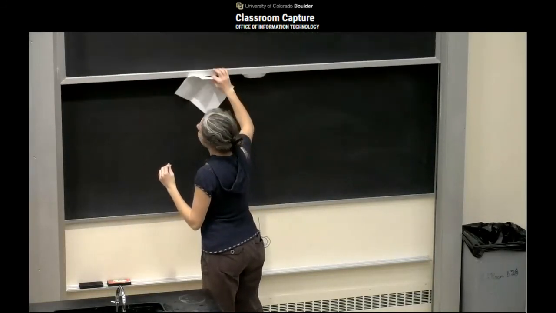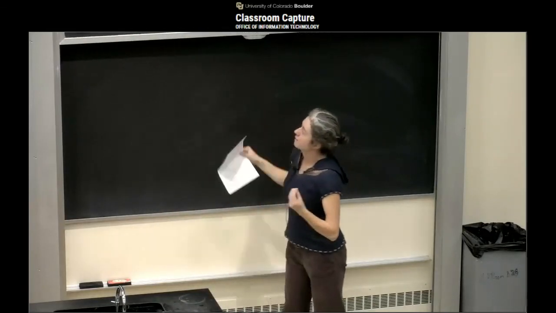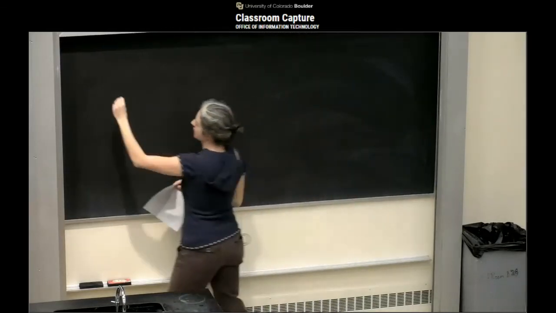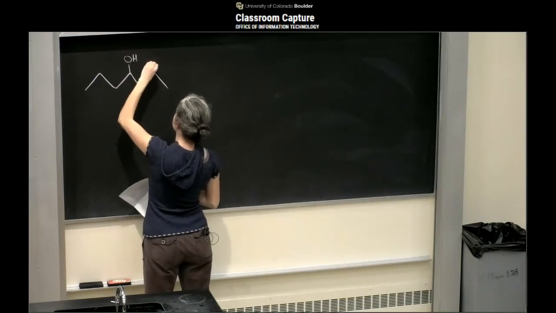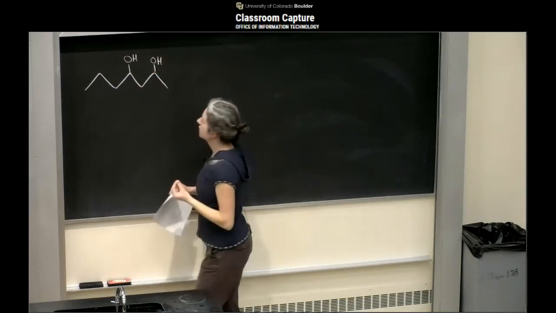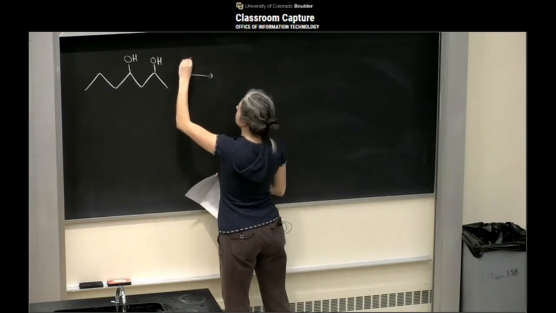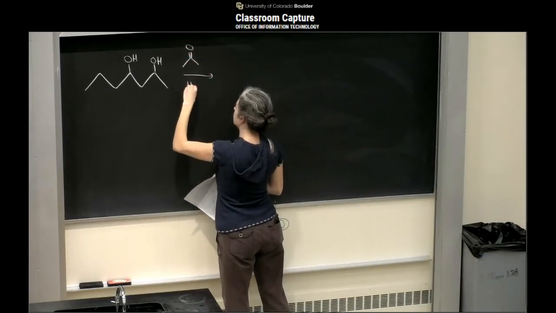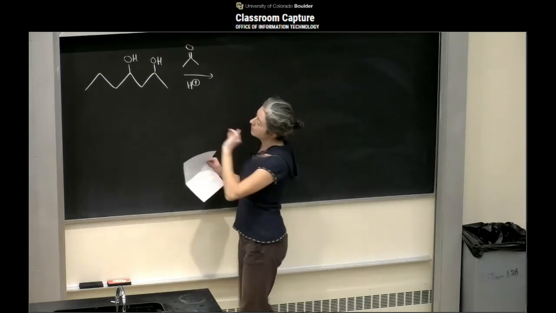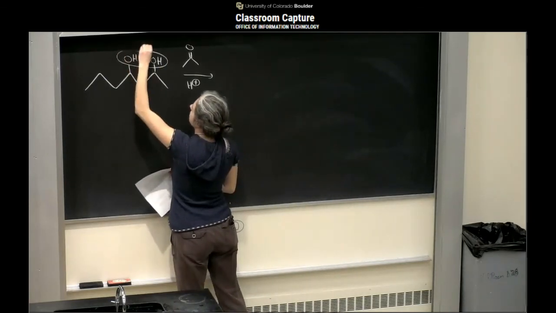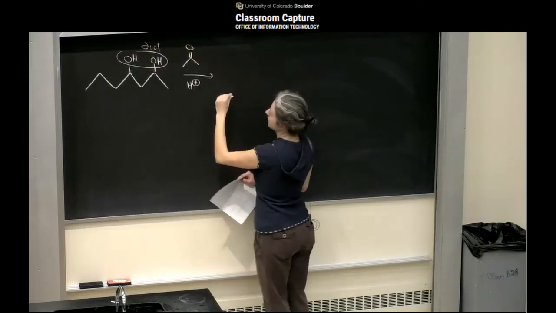And that is, be on the lookout for this happening in a way that we're not expecting, because one real common problem that people like to mess you up with is, here's a molecule, here's acetone, what's going to happen? You're looking at this and you're like, I have no idea, but you do have a diol and you do have a carbonyl.